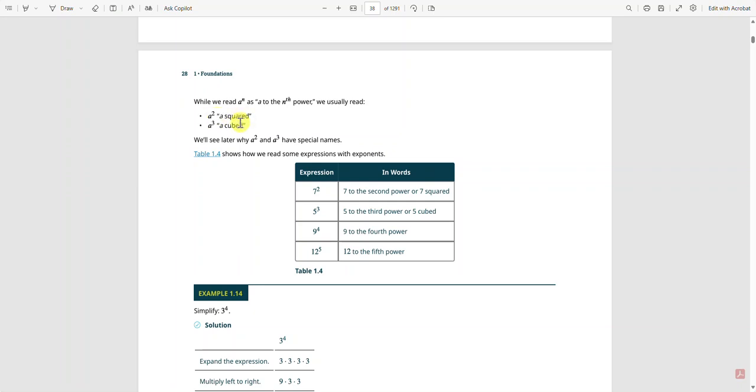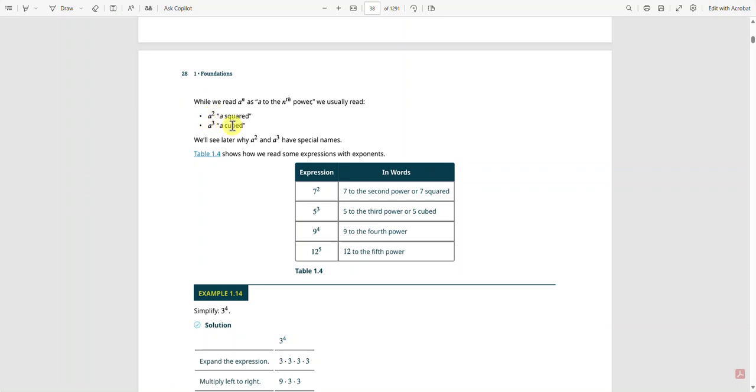Now, the reason why we say square and cube here, just so you understand this so it's not confusing or mysterious, is because a square has two dimensions, length and width. So having an exponent of 2 is like multiplying the length and width of a square. Whereas a cube has 3 dimensions.